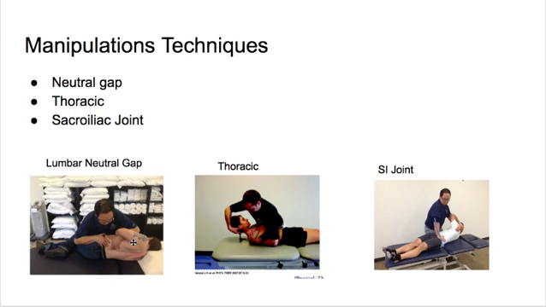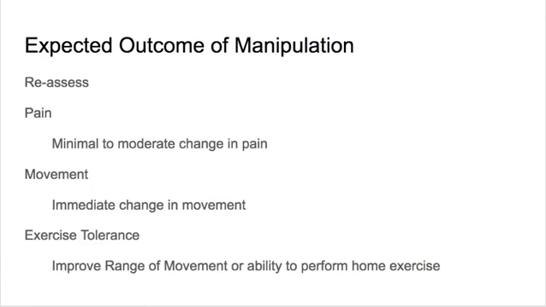If you're having trouble getting that in the position, sometimes you can do a thoracic technique to help relax the back muscles. And then if the exam indicates that maybe either alone or together with the other techniques, a sacroiliac technique may also help relieve their pain. That could also be included in your suite of manipulations you perform.